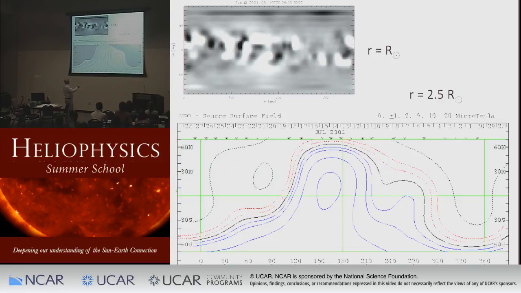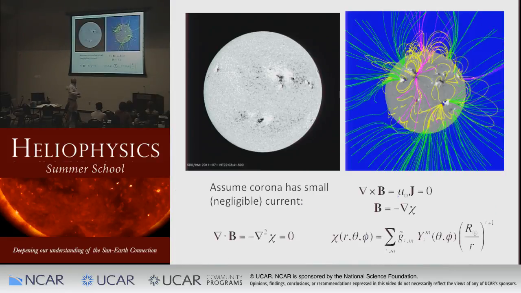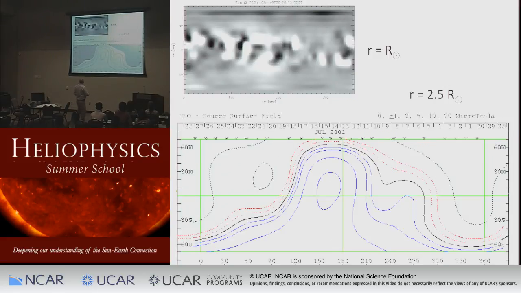I told you how we build this up. If I go out 2.5 solar radii and look at what happens to the magnetic field, well, we've already observed that the lower the L value, the slower the magnetic field contribution falls off, and you eventually get to a place where it looks much more like a dipole. So even though this hardly looks like a dipole, the field at 2.5 solar radii, this blue is all outward field, and this gray is all inward field.